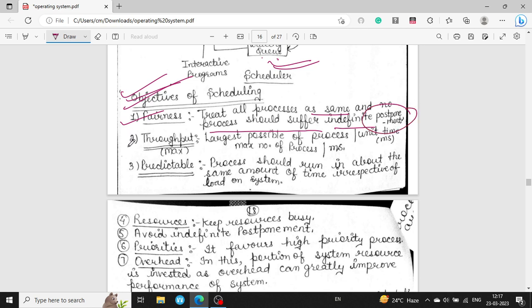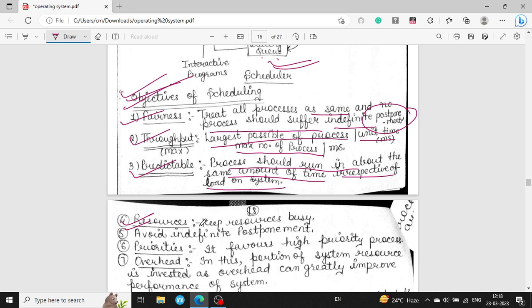It means no process should suffer from a waiting or blocked state. Throughput: the largest possible number of processes per unit time, the maximum number of processes per millisecond. Predictable: a process should run in about the same amount of time irrespective of the load on the system.